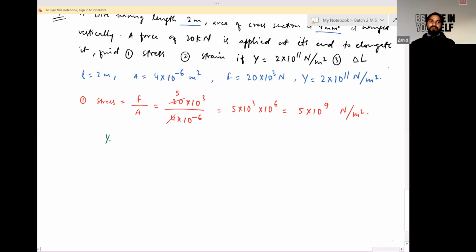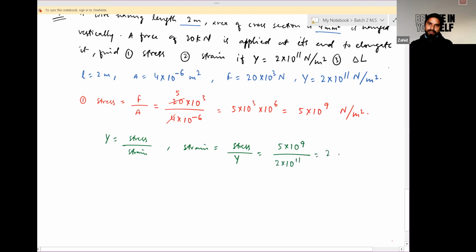As we have Young's modulus equals stress divided by strain, strain equals stress divided by Young's modulus. The stress we have already calculated as 5 into 10 to the power 9, divided by Young's modulus, which is 2 into 10 to the power 11.